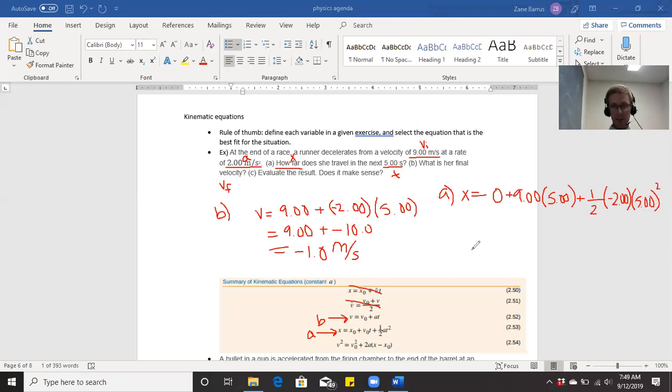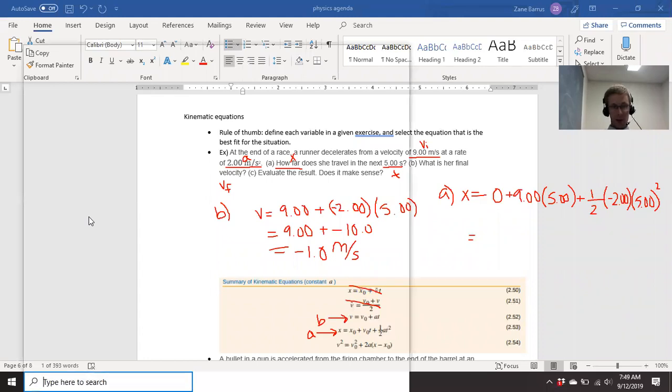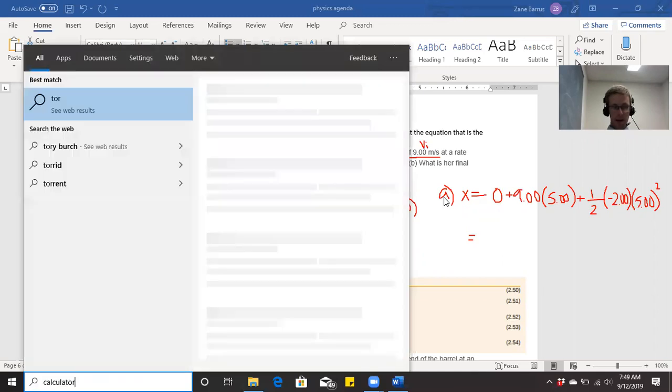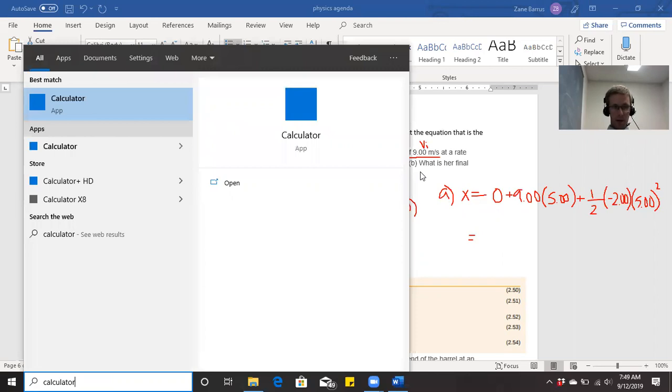Now we're probably going to need to get a calculator out at this point. So let me bring up my calculator. Okay, it's taking its time. If you have a handheld calculator on hand, that's always going to be the ideal case.